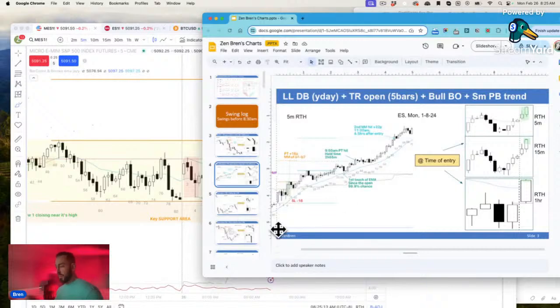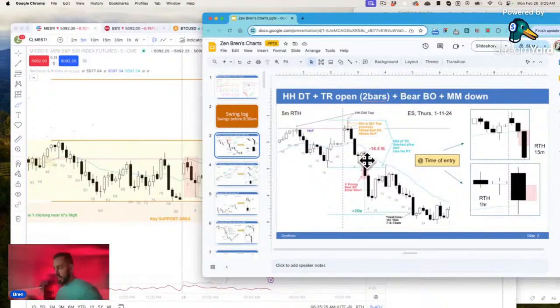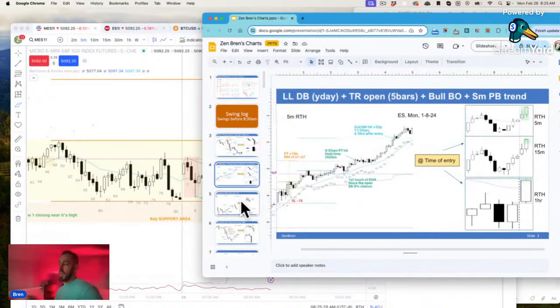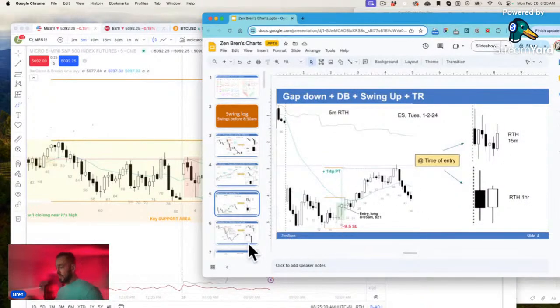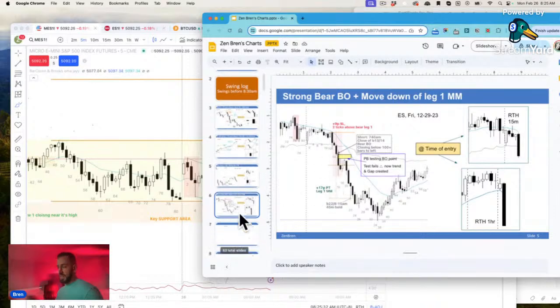But really simply, I'm just looking for a strong breakout, and I use a measured move profit target, and I'm looking for a breakout in a trend, maybe lasting an hour or two. Okay, so and then I'm looking to make about 20 points, about 13 points, about 14 points, about 17 points.